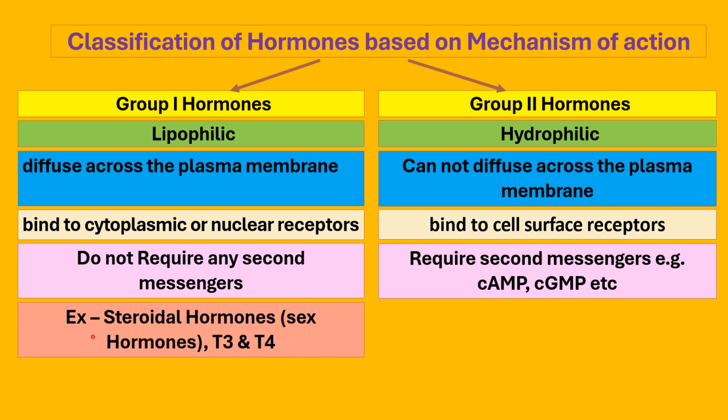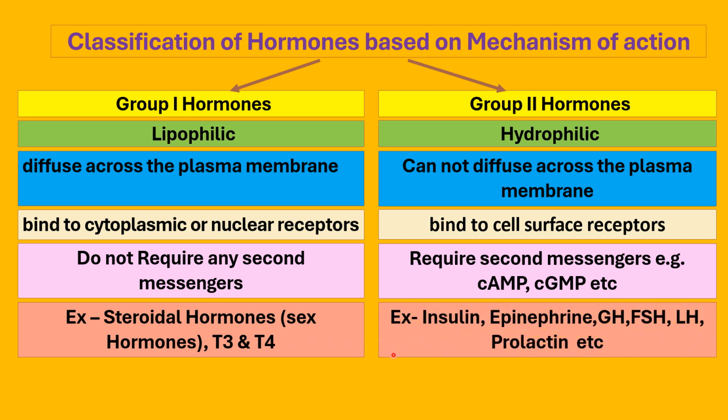Examples of group 1 hormones are basically all the steroidal hormones like sex hormones, testosterone, progesterone, and T3 and T4, thyroid hormones. Whereas examples for group 2 hormones are insulin, epinephrine, glucagon, FSH, LH, prolactin, etc.